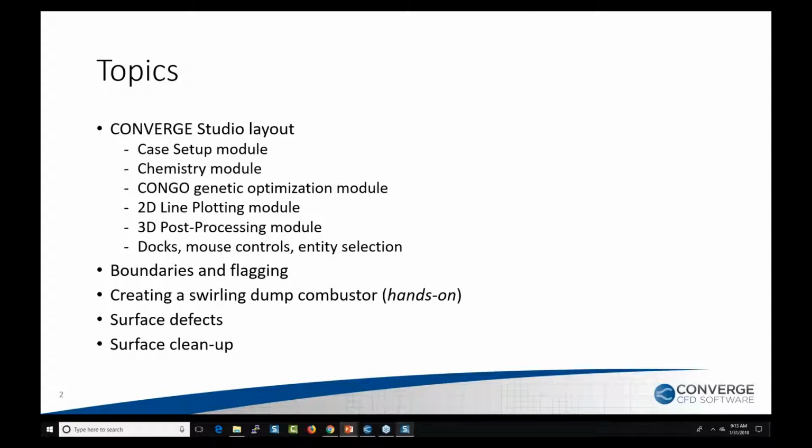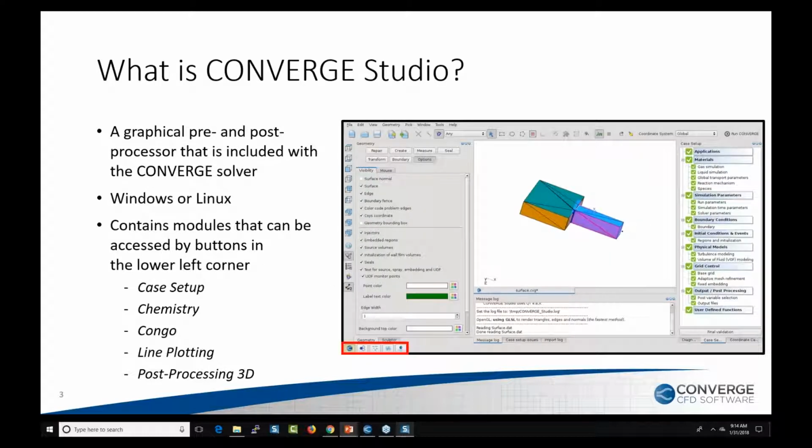I will outline the common surface defects found in geometries. And after that, I will follow with the different cleanup tools available in CONVERGE Studio, and how to use those tools to remove certain or most of the surface defects. So what is CONVERGE Studio?